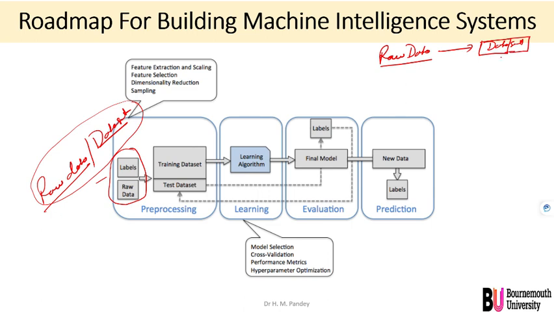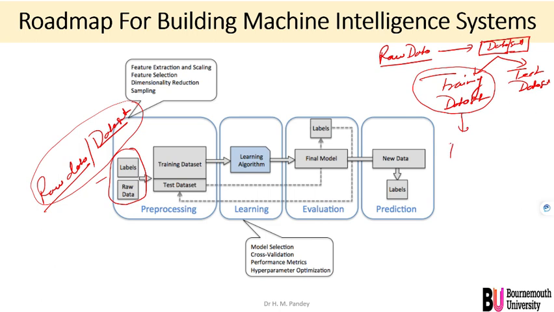Now, in order to develop your model, you will split your data set into two parts. We can call them the training data set and the test data set. So what do the training and test data sets mean? The training data set is the data you will use to train your model.